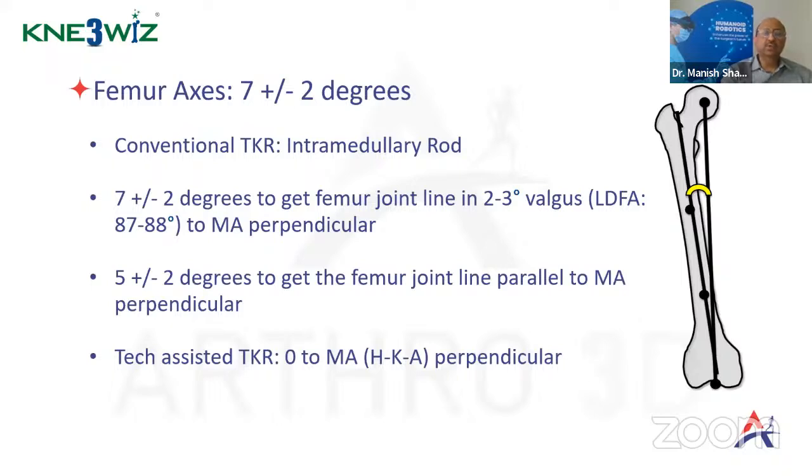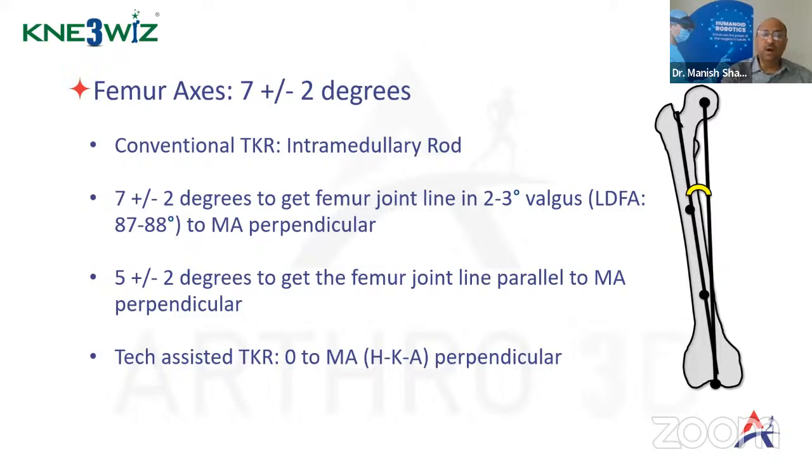Whenever we're using a conventional intramedullary rod, if we want to get the distal femur perpendicular to the mechanical axis, we normally aim for 7. If we want the femur joint line parallel to the mechanical axis, it's 5 plus or minus 2.